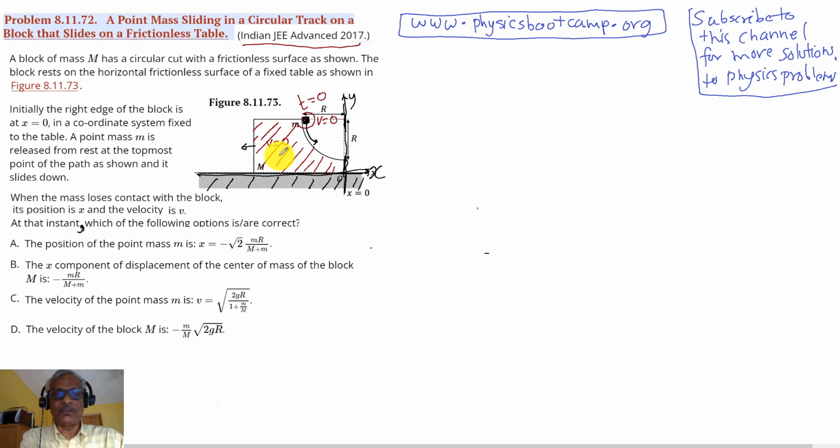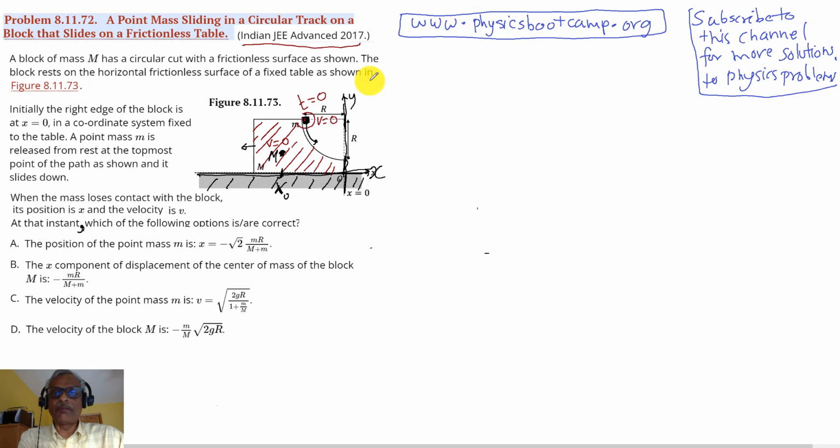So let's see, if the center of mass of the wedge was over here, so this big M was over here at this point, let's call it x0. So when this thing moves, at some point this block will be over here.